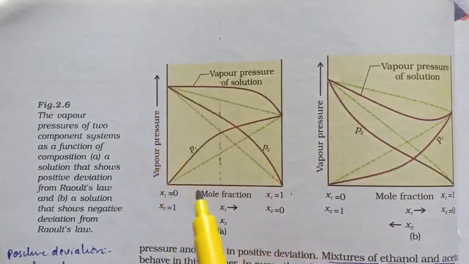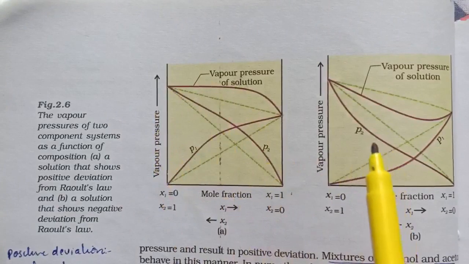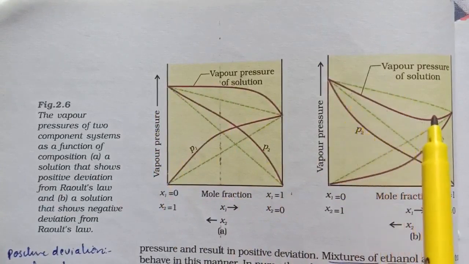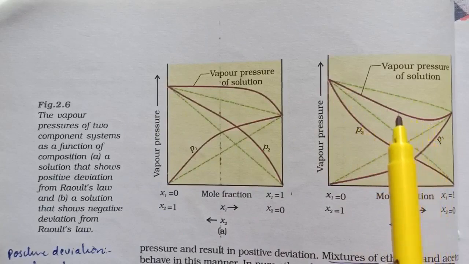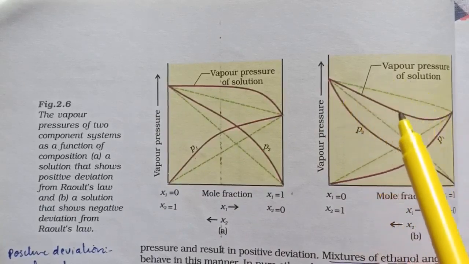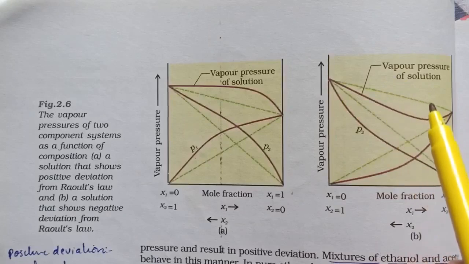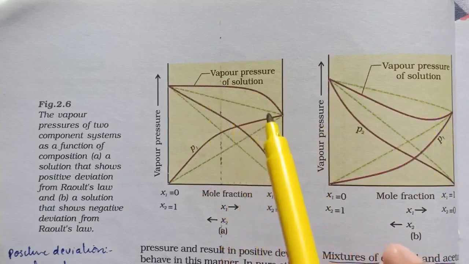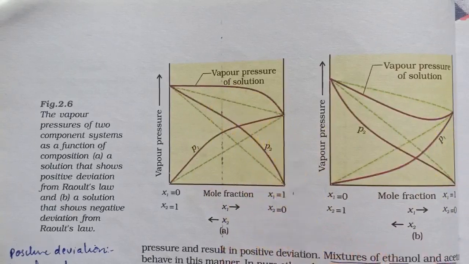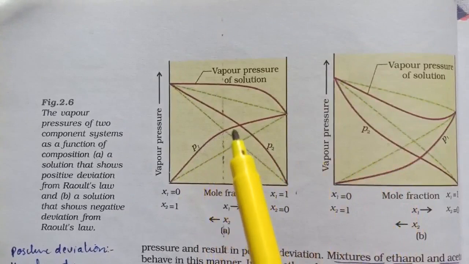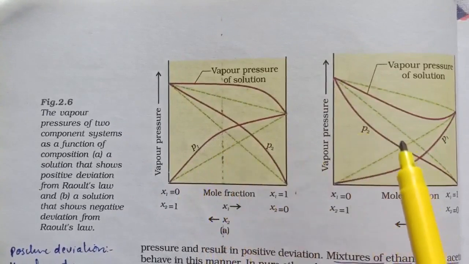So this is the graph for positive deviation. In case of negative deviation, the P total will be lower than predicted by Raoult's law, so these lines will be below the ideal line. And in case of positive deviation, the P total is more than that of the ideal line. So these are the two curves. First one is for positive deviation and second one is for negative deviation.